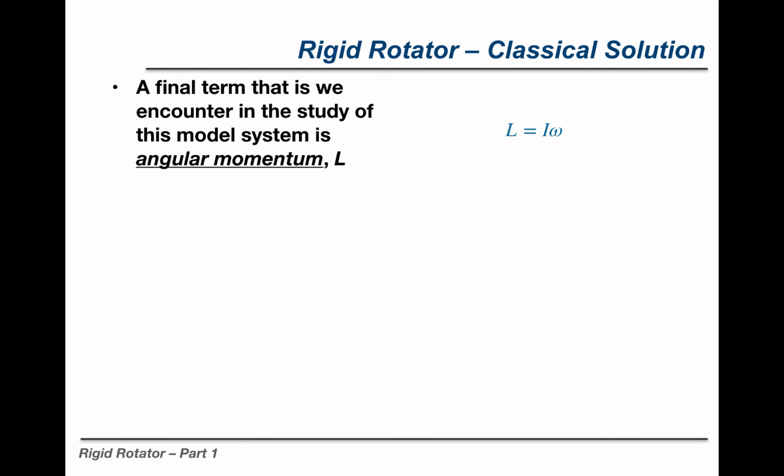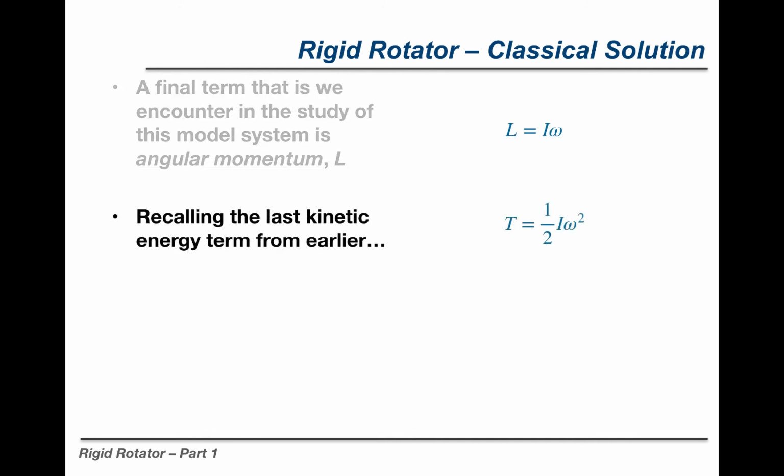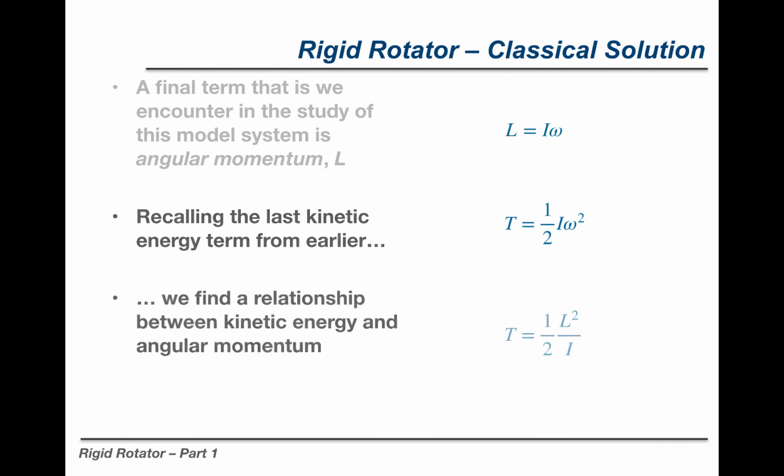And the angular momentum can be related to a product of our angular speed, omega, and the moment of inertia, I. So if we go back to our previous expression of the kinetic energy, which we had given by 1/2 I omega squared, we can now replace that expression with one that relates to a momentum, but in this case the angular momentum, and we get that the kinetic energy is 1/2 times L squared over I.